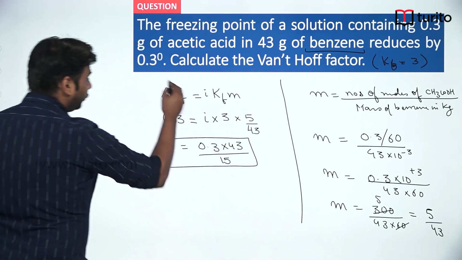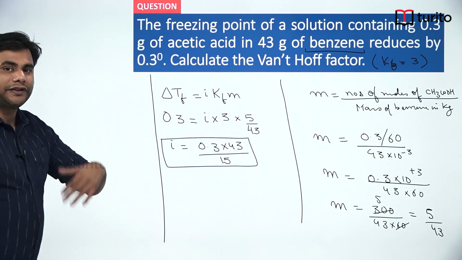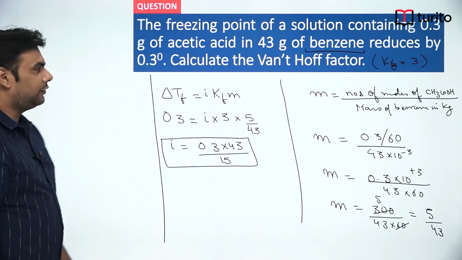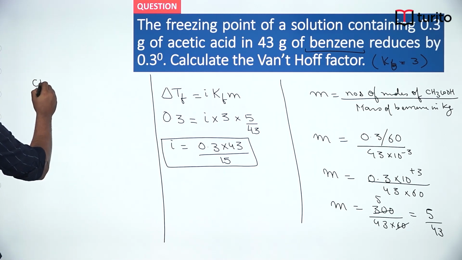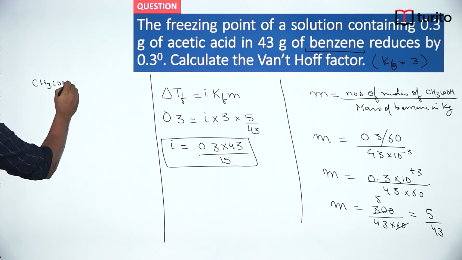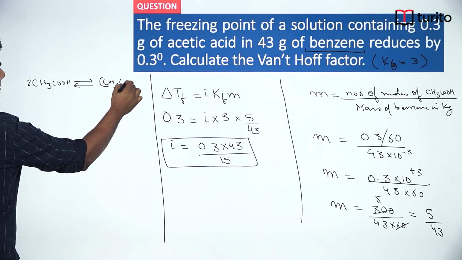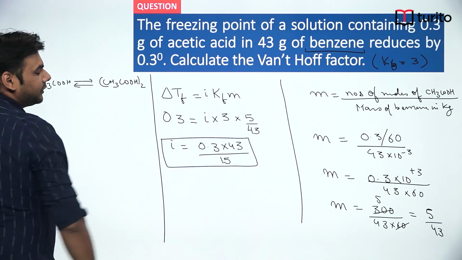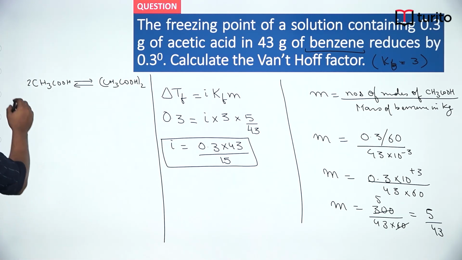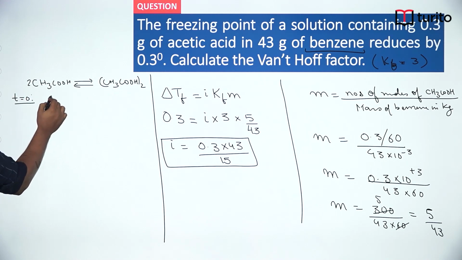Now suppose in this question you have been asked, find the percentage of dimerization. Okay, so we'll calculate the percentage of dimerization by expressing the Van't Hoff factor in terms of degree of association. Okay, so at time t equals 0, let us assume that the number of moles of acetic acid is n.